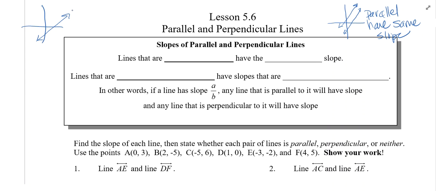They'll intersect, but they intersect at a particular angle. A perpendicular line intersects at a right angle. It's a 90-degree angle, like a perfect square angle. So that's what perpendicular lines look like.